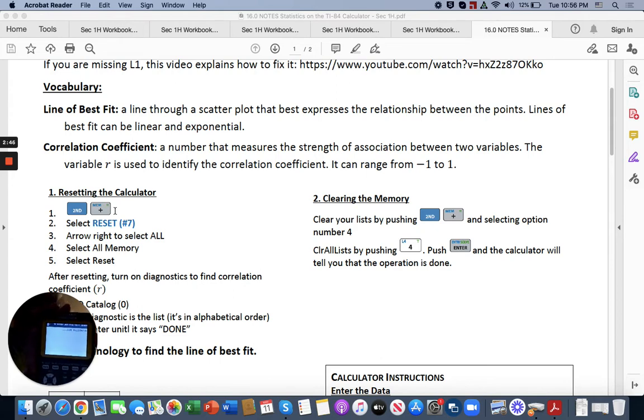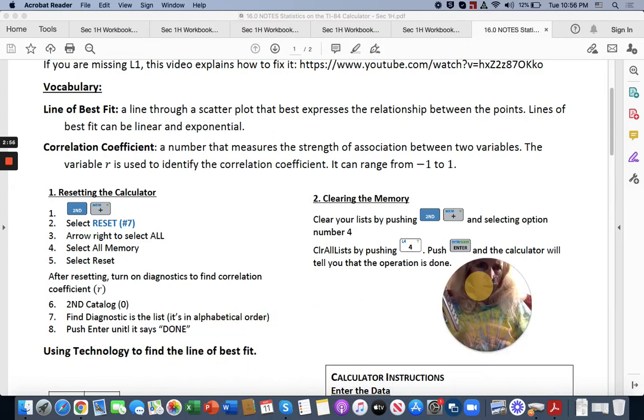After resetting, turn on diagnostics to find the correlation coefficient. So it says second, catalog, 0.